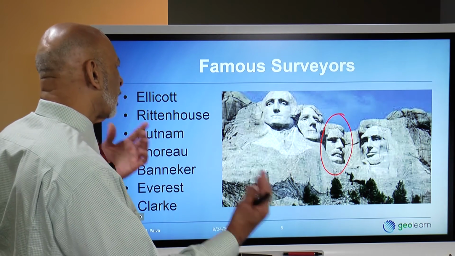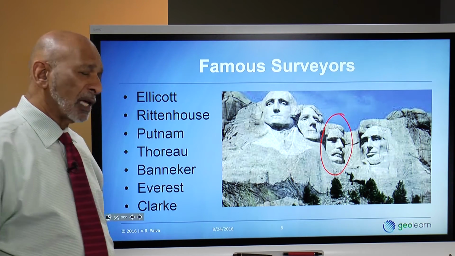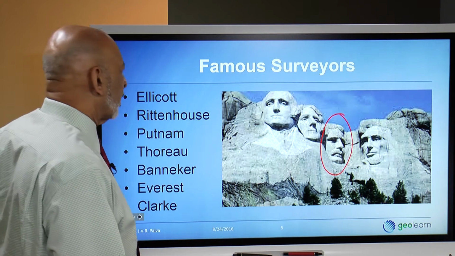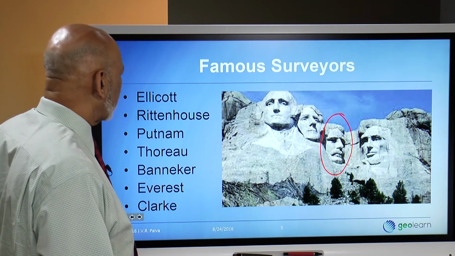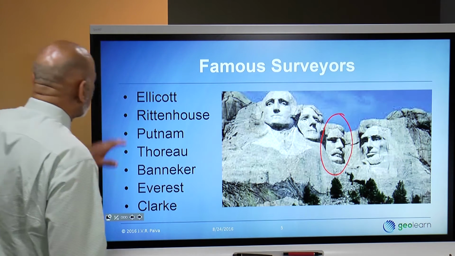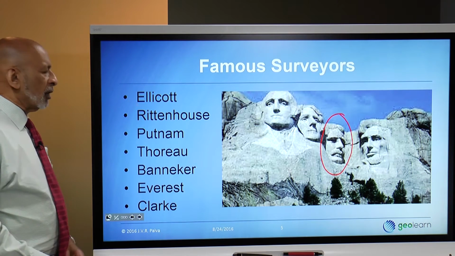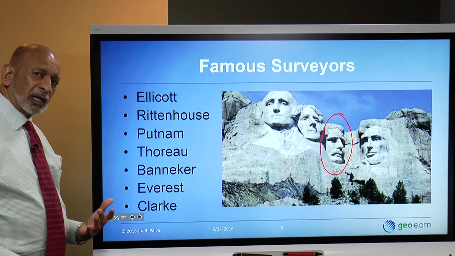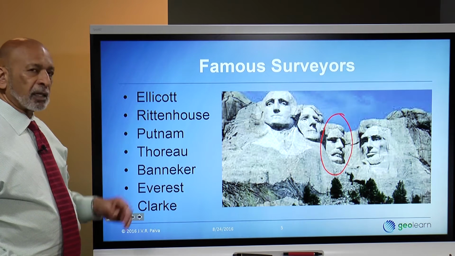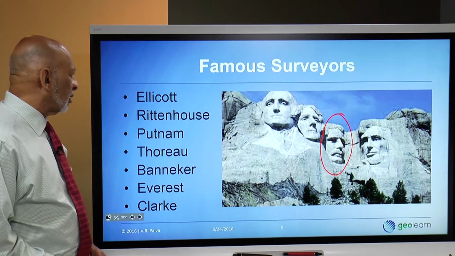Now, getting into a little bit more detail, which doesn't always come up when you're talking with the people on the street, so to speak, are names like this that you might want to be aware of. Again, it's part of our history. So Ellicott is a very famous surveyor.